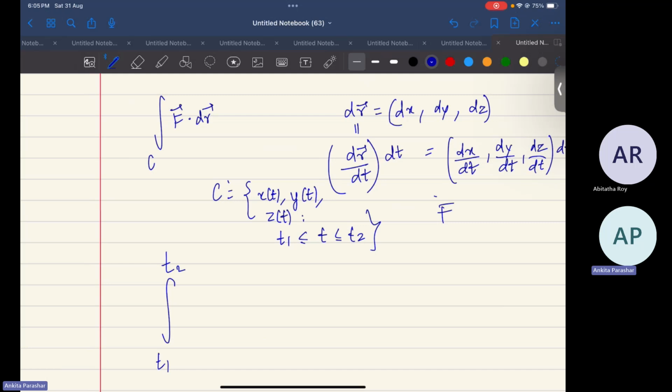Earlier F is F of x, y, z. Now it will be F of x(t), y(t), z(t), isn't it? Now the dot product with dr, but you want to change everything to dt, and you know dr is the same as something, and therefore you can write. Now can you tell what is that?